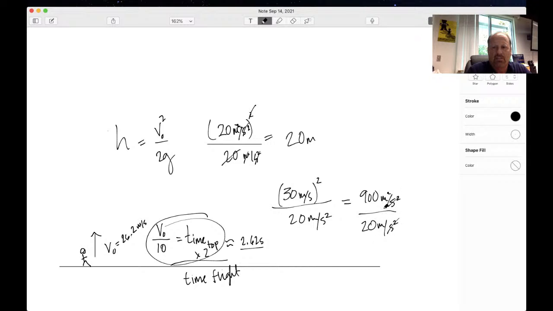The per second squared goes away, meters cancels with one of those, so we're left with meters. So 900 over 20 is 45 meters. So that's 30 meters per second, takes about 3 seconds. So if something falls for 3 seconds, it goes 45 meters.